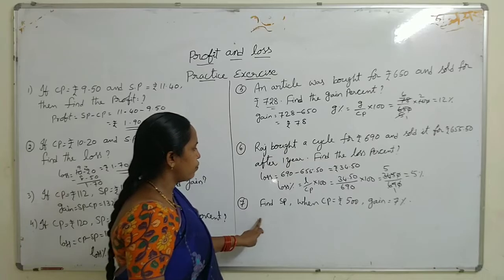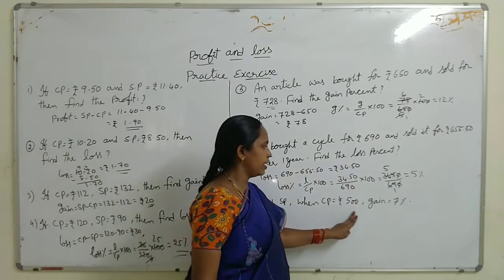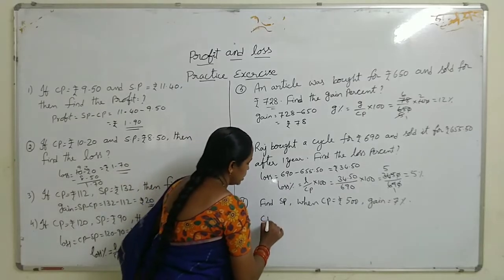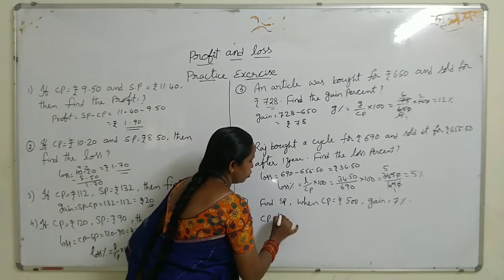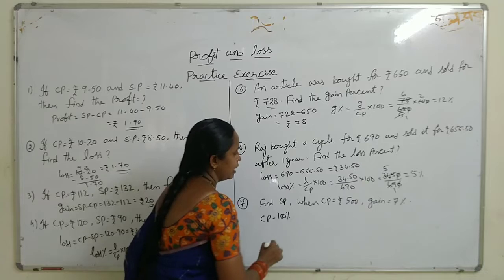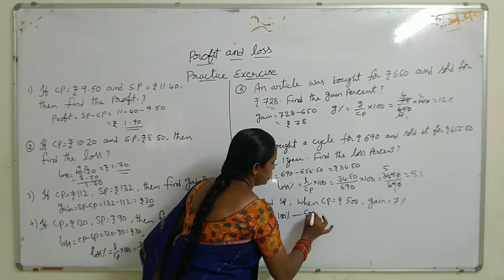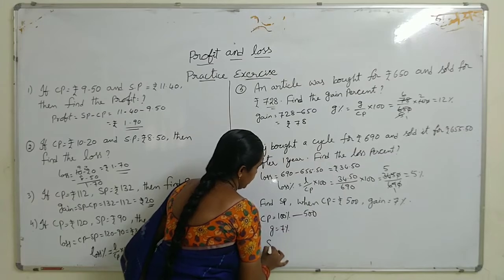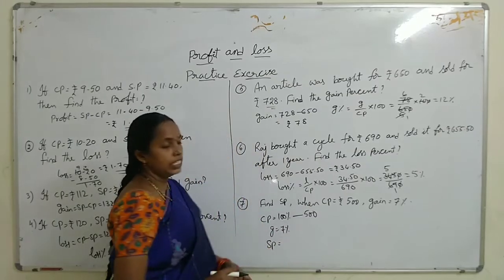Next, 7th question. Find SP when CP equal to 500, gain equal to 7%. So let cost price be always 100%. 100% value 500 and gain is 7%. Then automatically SP equal to how much percent?